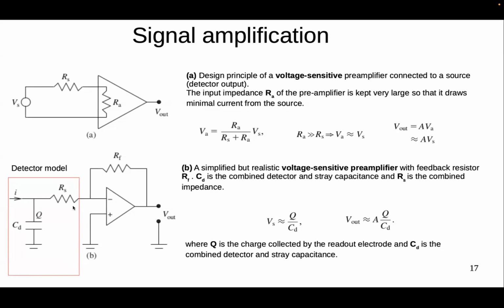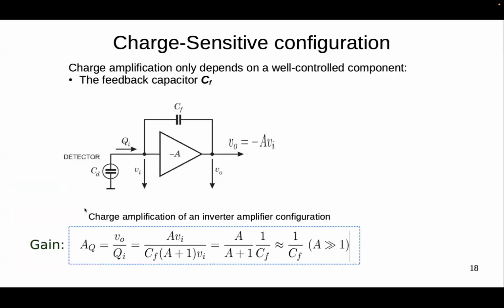And that can vary from channel to channel, to module, depending on what we have. But the beauty of the charge sensitive configuration is that the dependence on the capacitance of the detector is low.